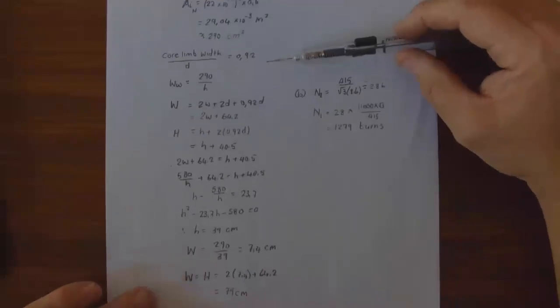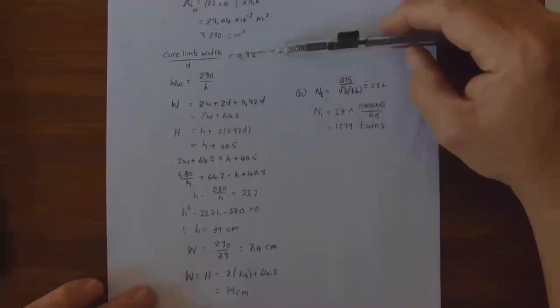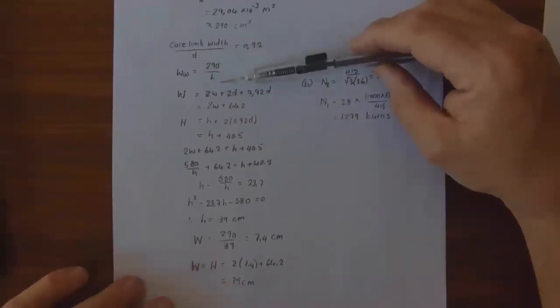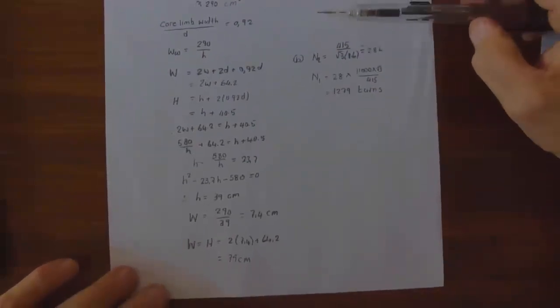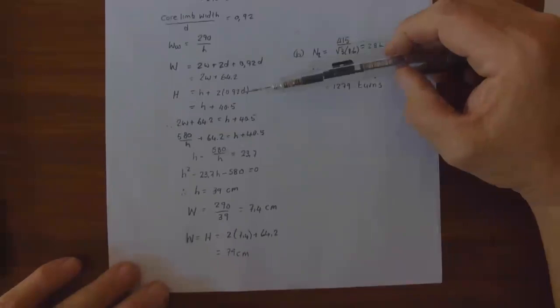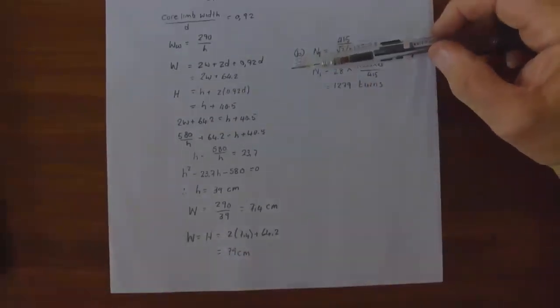The core limb width to the diameter is 0.92, so there we have the window width is 290 divided by H. And then the width is 2 times W plus 2D plus 0.92D. When H is the same, H plus 2.292.